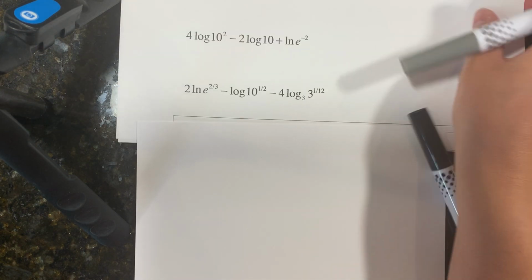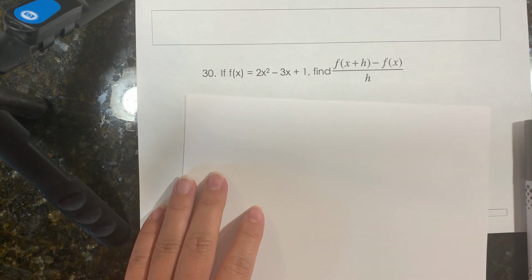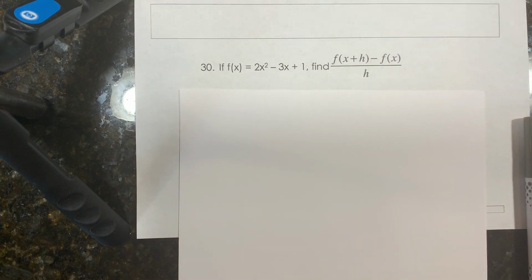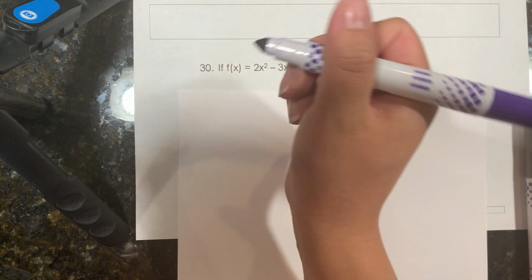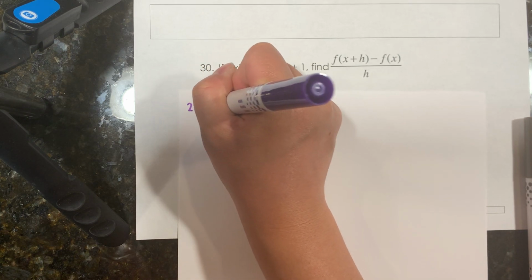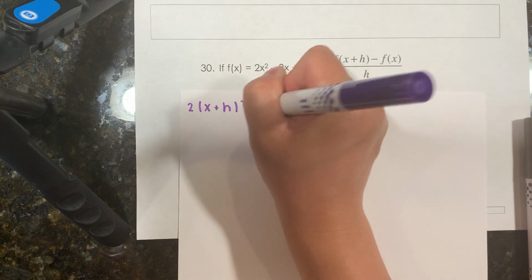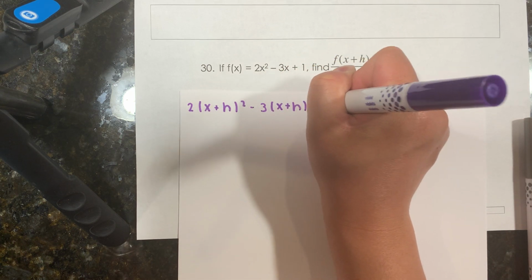Now, lastly, we're going to look at number 30, which is going to be our long problem. I'm going to start by doing the first function, which is plugging x plus h in for x. So that means that that part would become 2 times (x plus h) squared minus 3 times (x plus h) plus 1.